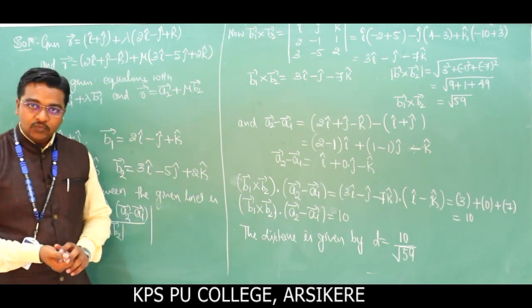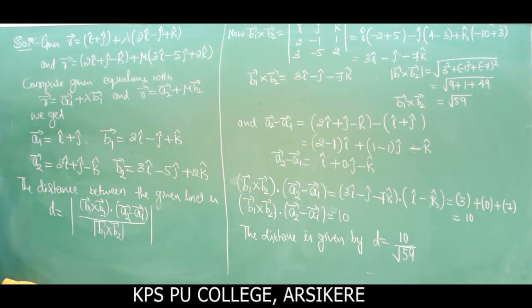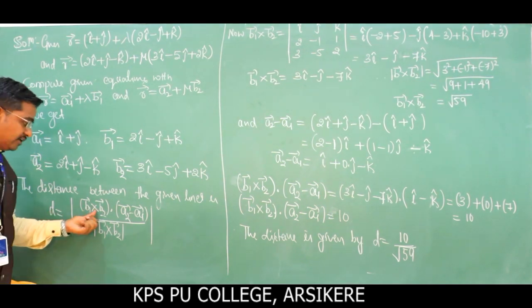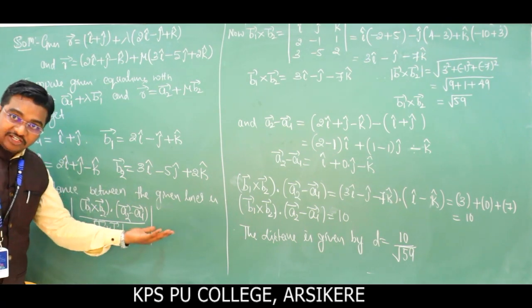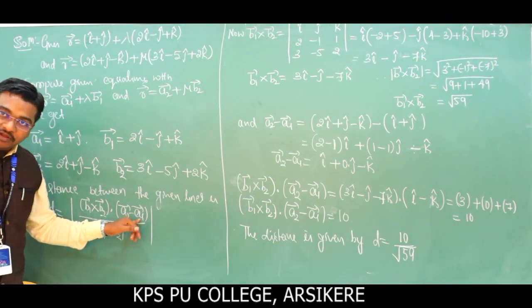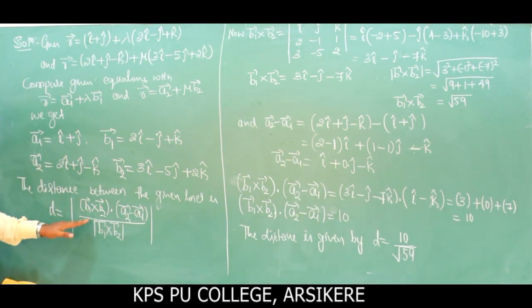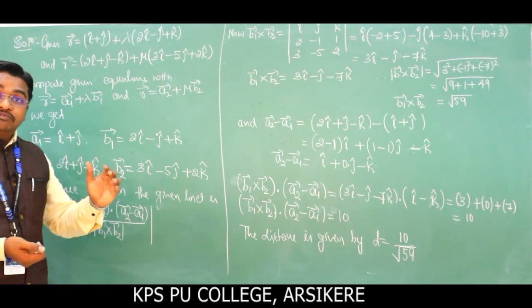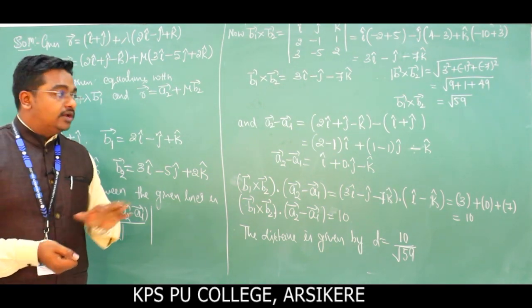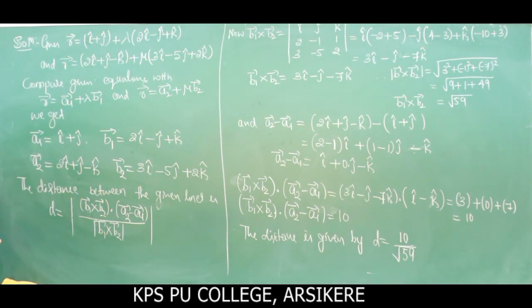This is the value. Understood, children? The important thing is first take the vectors a1, b1, a2, b2, then find b1 cross b2, then find the corresponding magnitude, then find a2 minus a1, find the dot product of b1 cross b2 dot a2 minus a1, then substitute in this equation to get the distance between the given two skew lines. Take a pause and note down all the things I have written here.